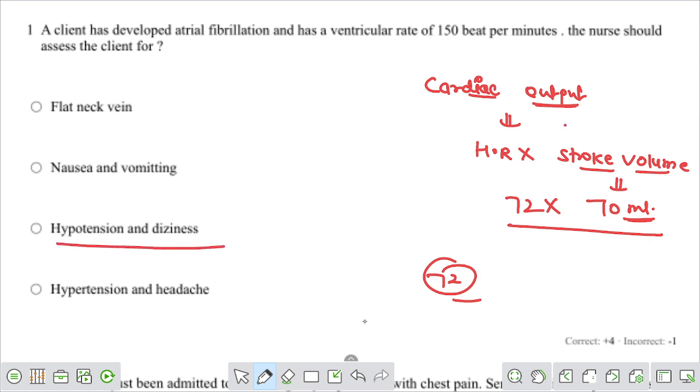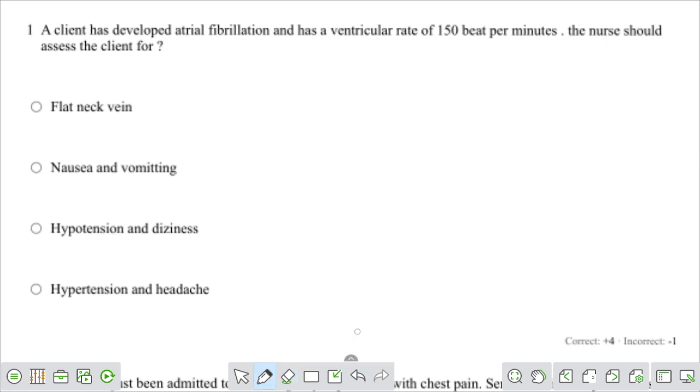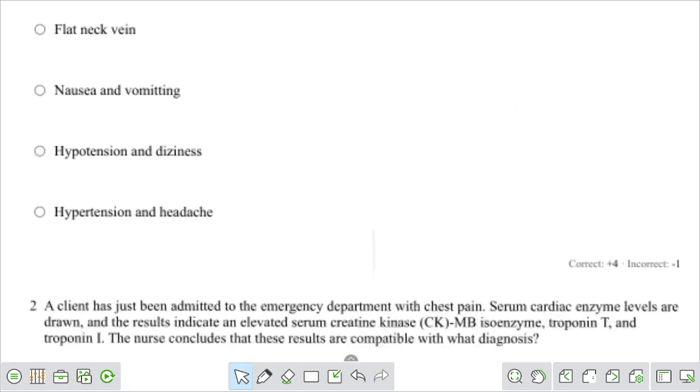Cardiac output means the output of the heart per minute: the volume of blood pumped by your heart in 1 minute. When your heart contracts a single time, the output of blood is known as stroke volume. So this is the question, and I hope you understood.